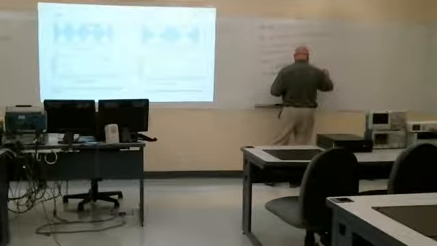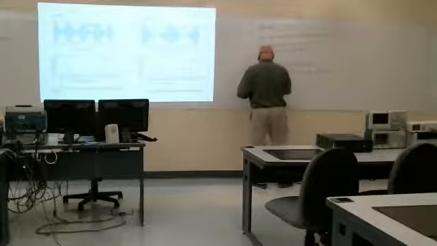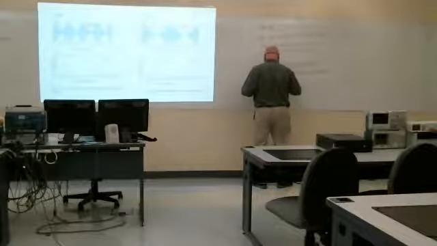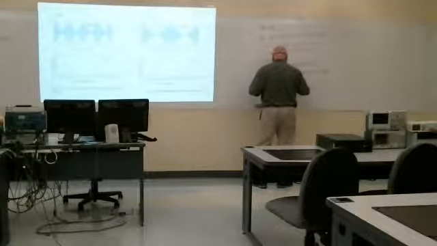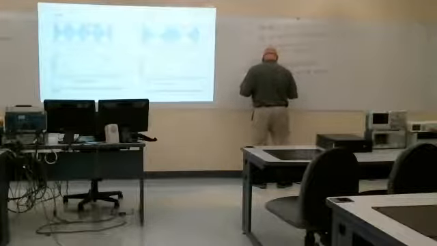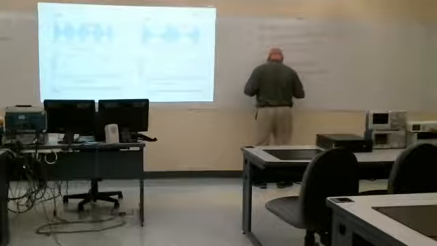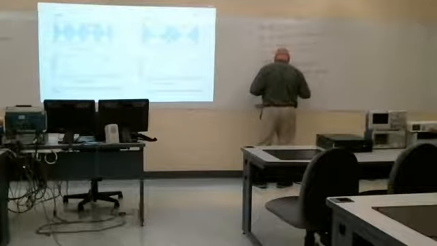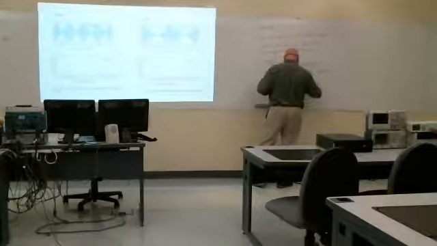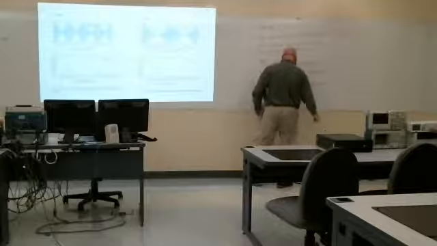To shift the spectrum to F2, we just need to multiply this signal by cosine of 2 pi (F1 plus F2) t. So y(t) would be y_m(t) cosine of 2 pi (F1 plus F2) t.